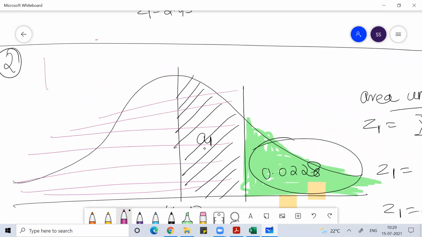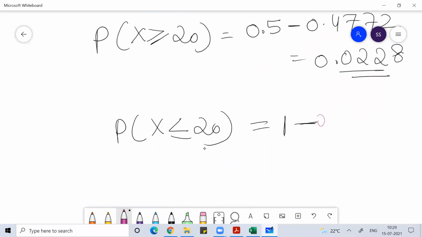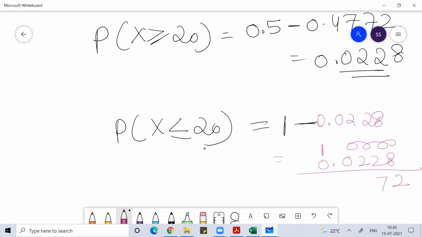You know that total area is equal to 1, 50% left hand side, 50% right hand side. So all the values of x less than or equal to 20 is nothing but 1 minus 0.0228, which would be 0.977.